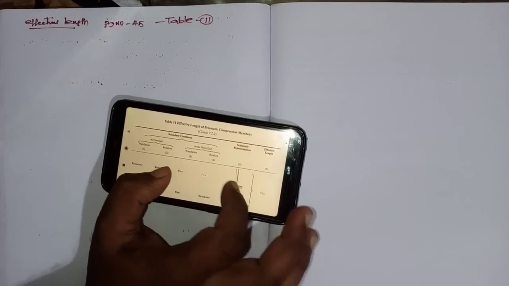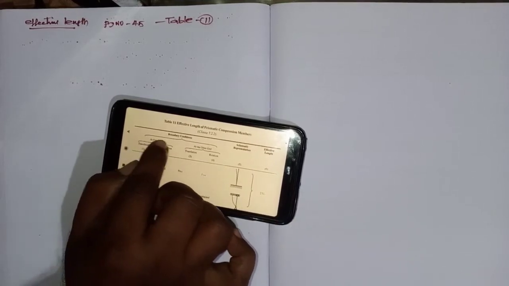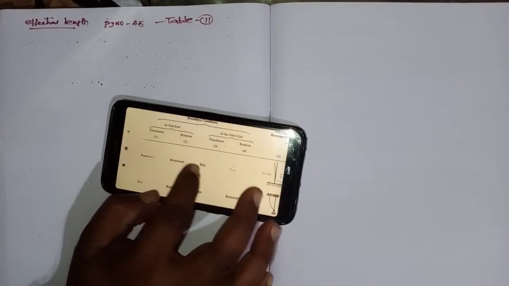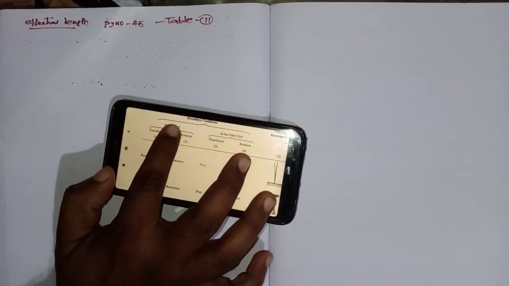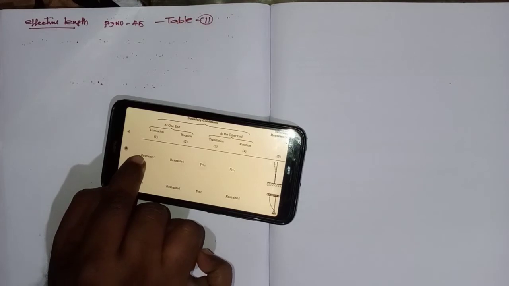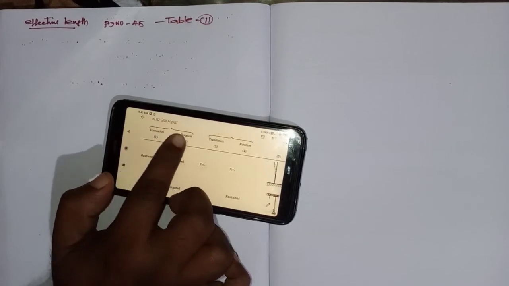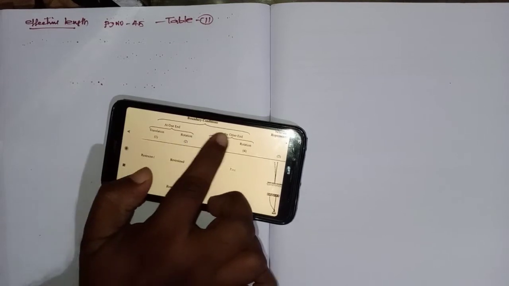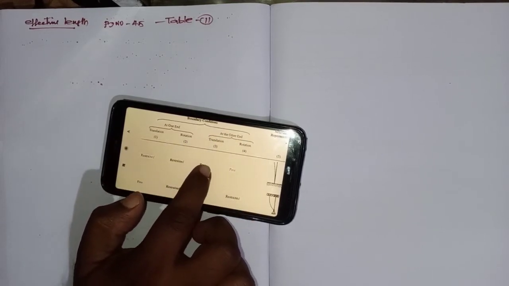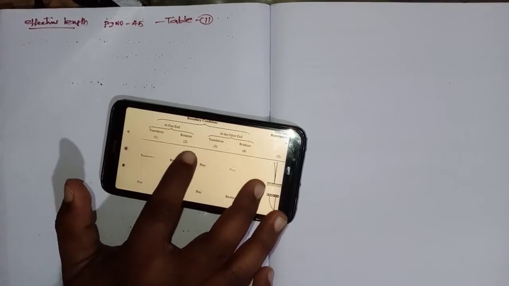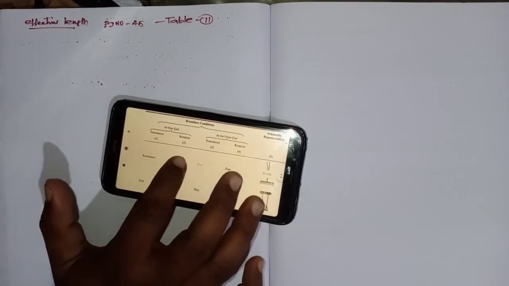See, suppose I take a column, one end and the other end. One end of the column is restrained against translation and rotation, and at the other end it is free to translate and rotate. This will be the condition.